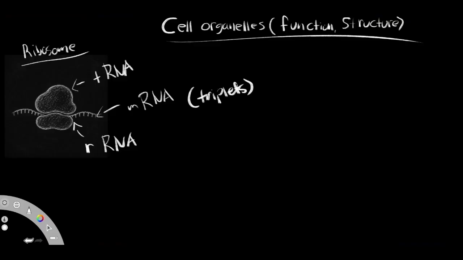So for every three letters, we call that a codon. Again, we're going to be learning more about this a little bit later on. I just want to give you a heads up here. So for every codon, that codon is going to be read by this tRNA. And the tRNA has its own constituents of code on the outside.